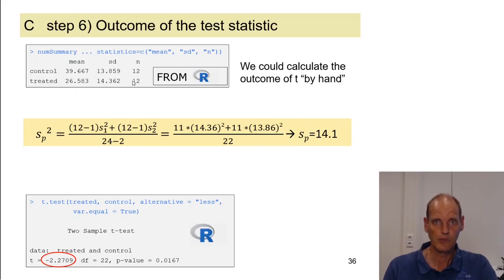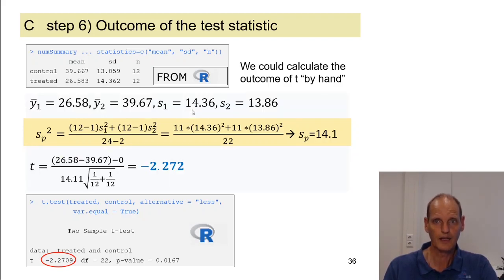So this is the group 1, actually the drug, and this is the non-treated. We see the mean and the standard deviation for each of the two. And then we could calculate t by hand. We found y1 is, the values are given here. The SP is 14.1, and so we could calculate t as minus 2.27.